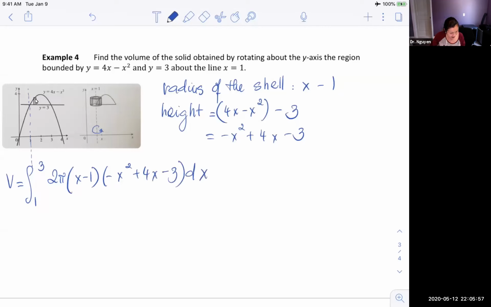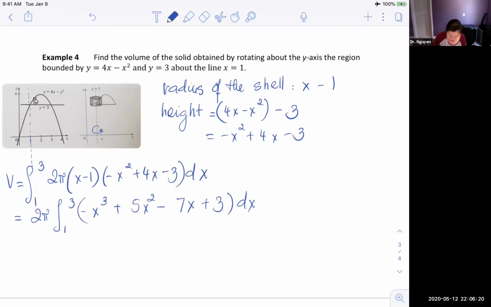Then if you FOIL, you multiply it out, I'm going to take 2 pi out, from 1 to 3. If you multiply it out, you're going to get negative x cubed plus 5x squared minus 7x plus 3 dx.